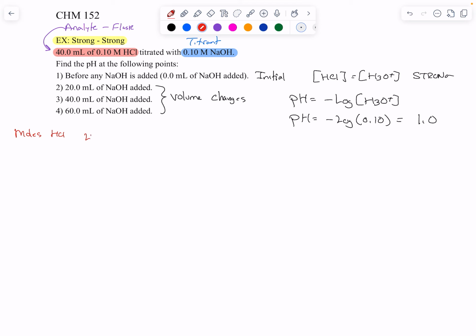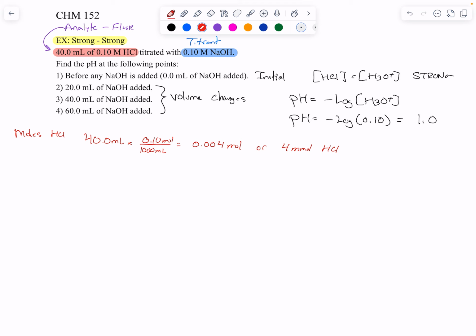So we have 40.0 milliliters. And we know for every 1,000 milliliters, we have 0.10 moles, which is 0.004 moles or 4 millimoles of HCl.